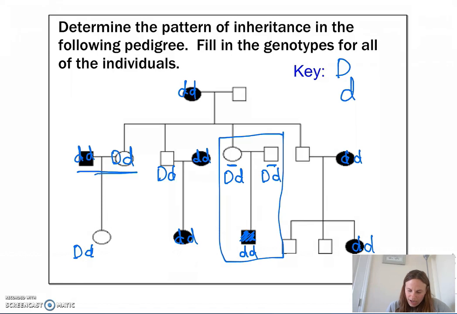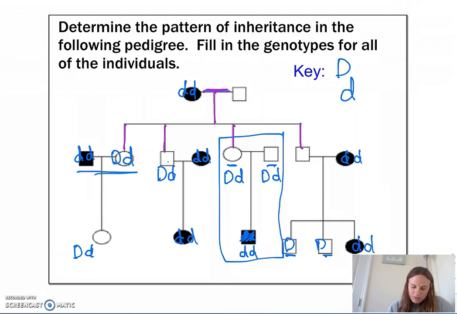Over here, I've got two kids without the trait, so they're going to have at least one dominant trait somewhere. We don't know the second one yet. So let's go up here. All of these couples' children don't express the trait, but they do have children that express the trait.